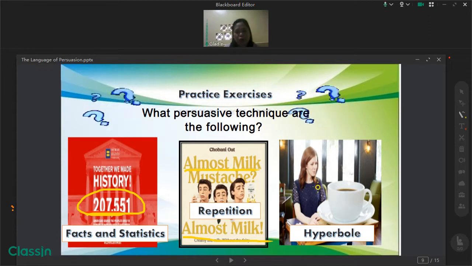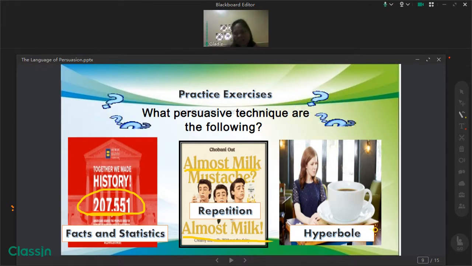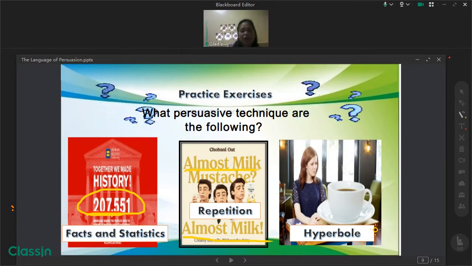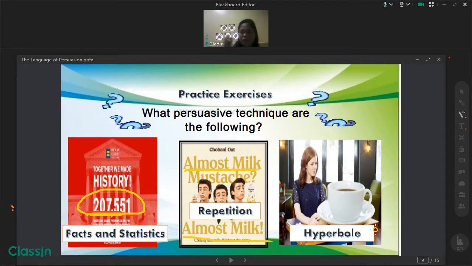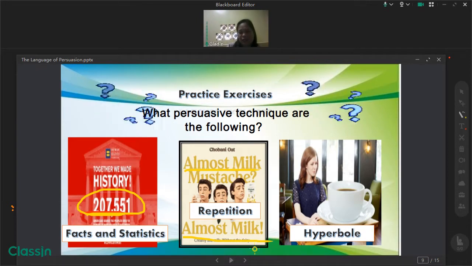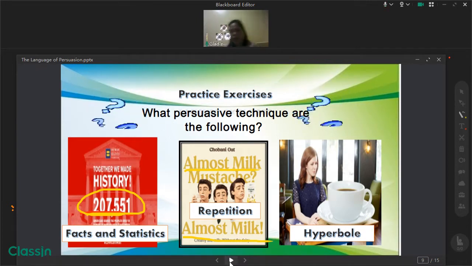So she wanted to drink coffee, a coffee break. But then look at the cup of coffee. It is very exaggerated because no matter how tired you are, you cannot have coffee in that huge, big cup. So that is an example of hyperbole or exaggeration.